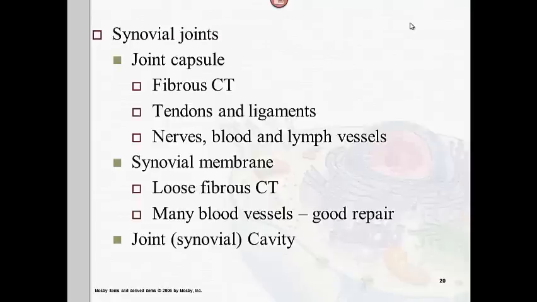It's made up of parallel bundles of fibrous tissue. Then you have the synovial membrane, which is a very smooth and delicate inner lining of the joint capsule. And inside you also have loose fibrous connective tissue and blood vessels that are necessary for repair.